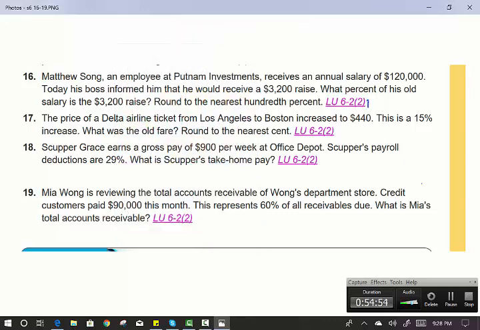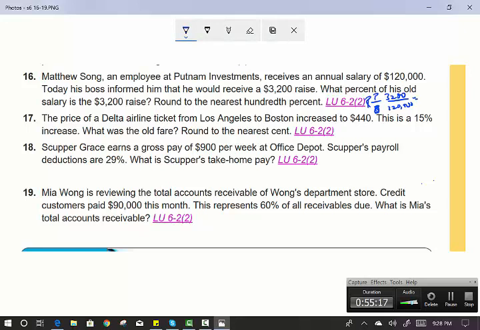Rate is equal to part divided by base. And the part is the increase of $3,200. And then the base is the actual salary that he had of $120,000.